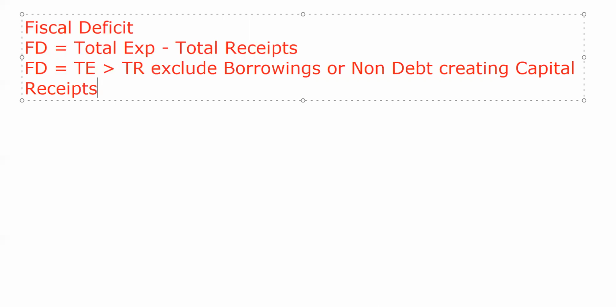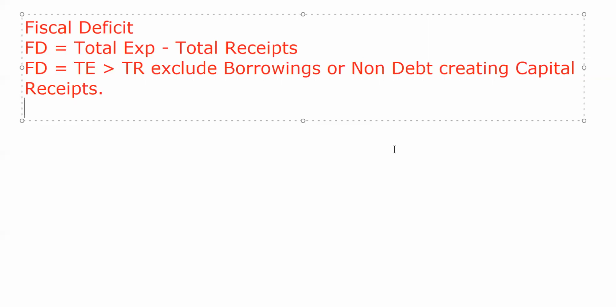Out of the total receipts, we always exclude borrowing or non-debt creating capital receipts. All these we'll discuss. So fiscal deficit is a kind of shortfall in government's income compared to its expenditure. It means government is spending beyond its means, beyond its sources.